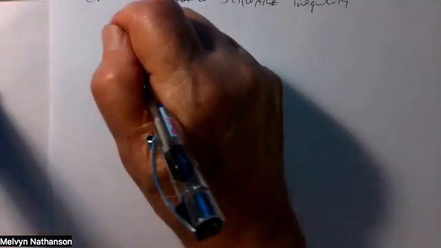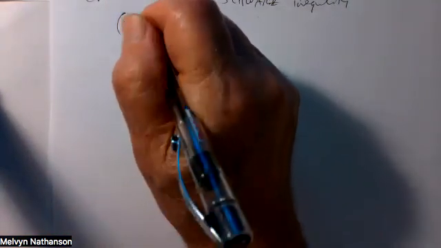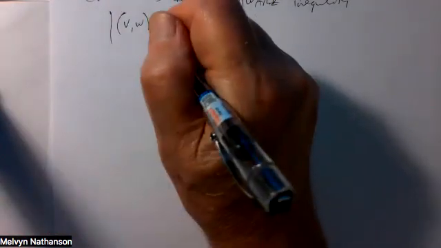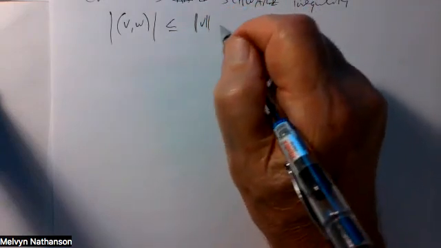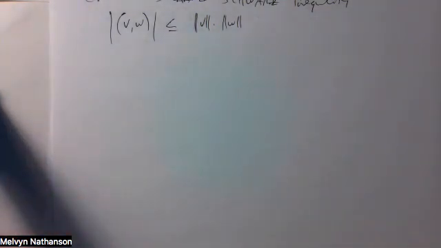It says that for any vectors v and w, the inner product of v and w, that's a real number, take its absolute value, this is always less than or equal to the length of v times the length of w. So this is really very, very important.